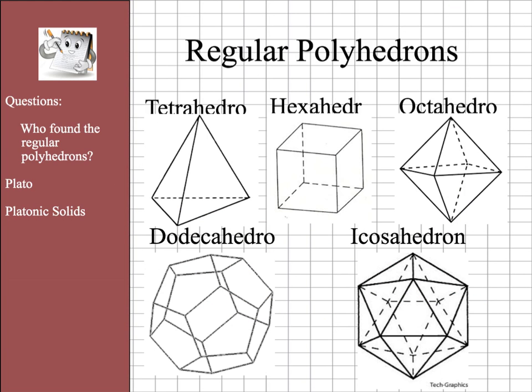So regular polyhedrons, okay? These are called Platonic solids after the philosopher, mathematician, and scientist Plato. Just like polygons, they use Latin in their names. So we have tetra, which is 4.